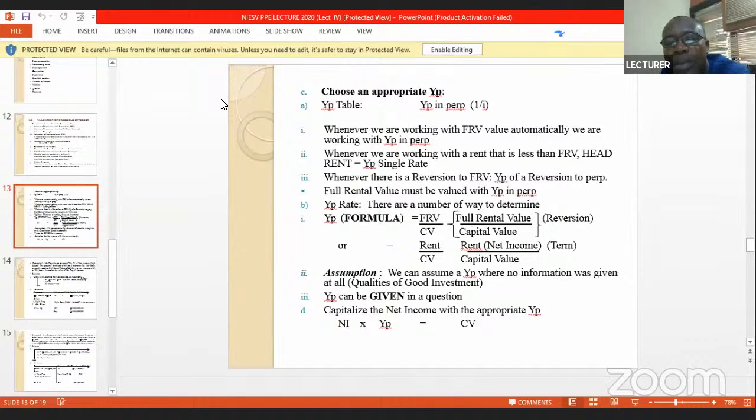If you want to determine the YP from that transaction, it becomes rent, which is 350,000, divided by 7 million naira. If you do the calculation, you will see that it will give you 0.05.